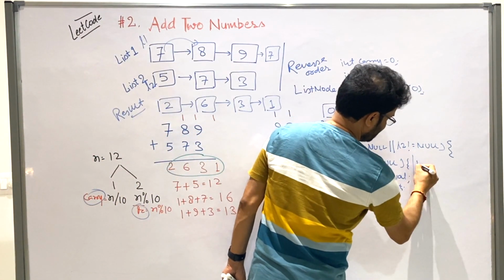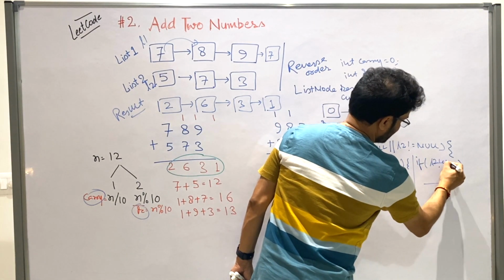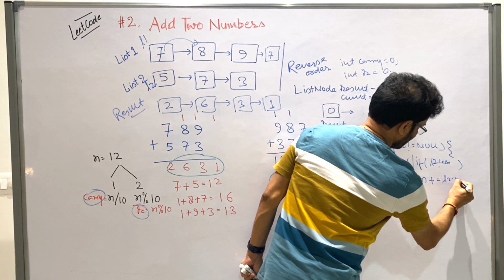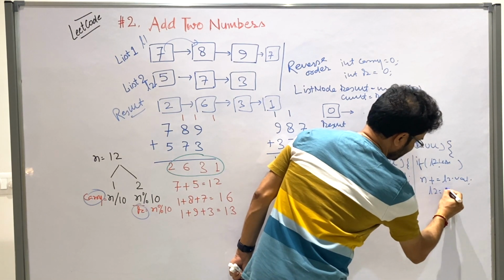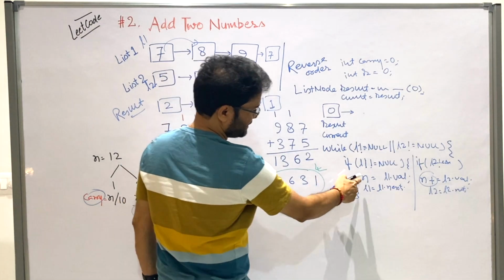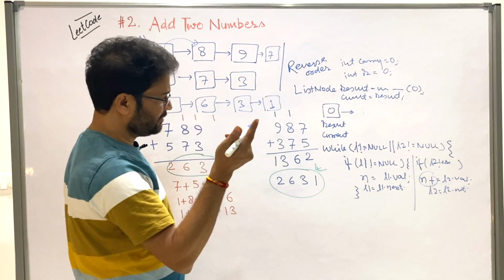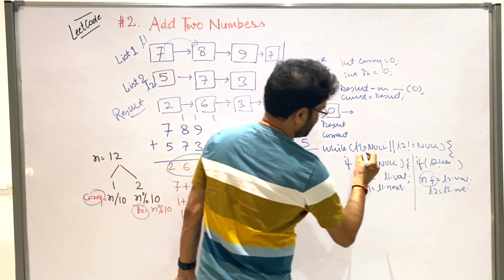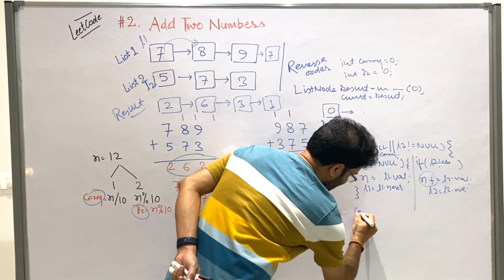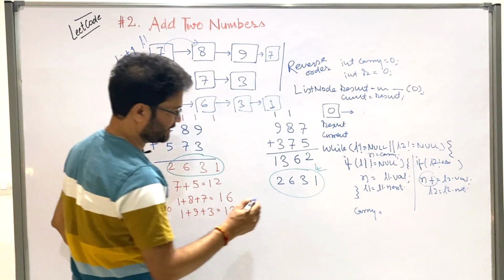So if L2 is not equal to null, then n plus L2 dot val, and L2 is equal to L2 dot next. You can see I have put n plus, right? So first it will add here, second it will add here. If anything is carrying from the start also, do one thing, n is equal to carry. Why? Because I am going to make the carry here. So the carry is equal to n divided by 10.